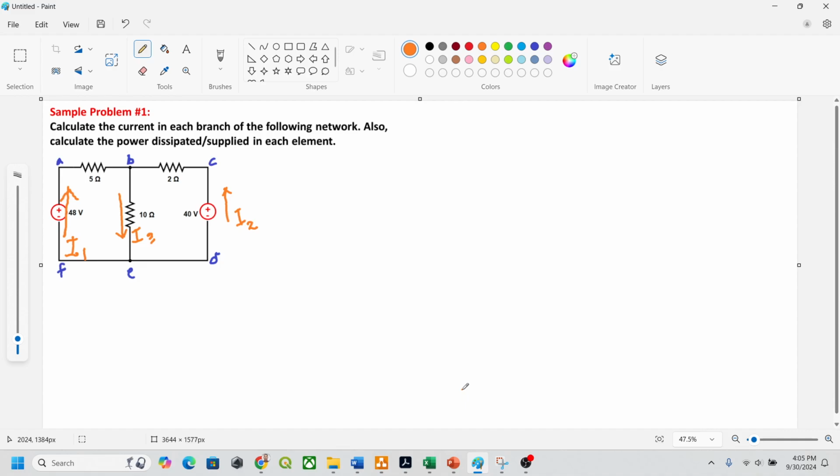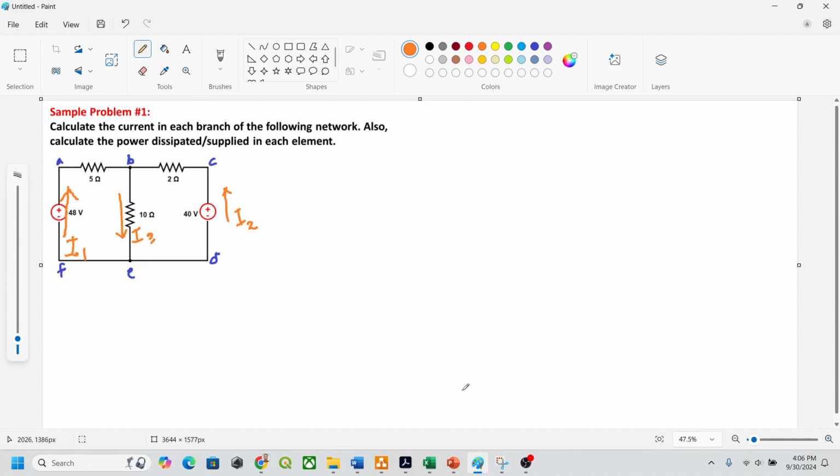To know the number of KVL and KCL, it is important also to know the number of nodes and the number of branch currents. So let's start again. To get the number of equations, it is the number of branches. If it has dependent sources, the number of equations should be the number of branches plus the number of dependent sources.